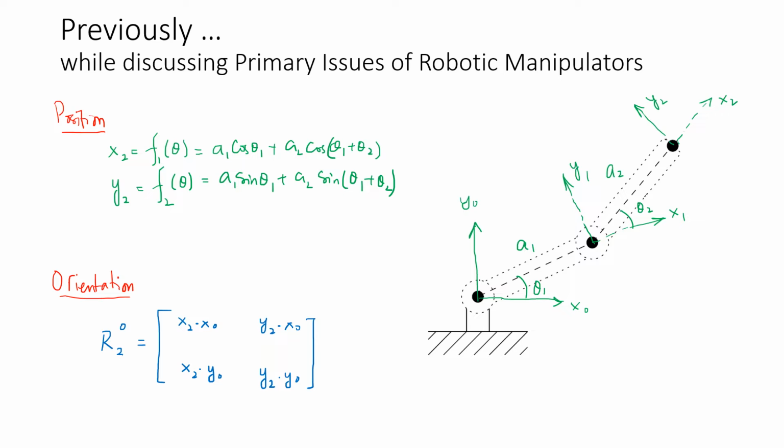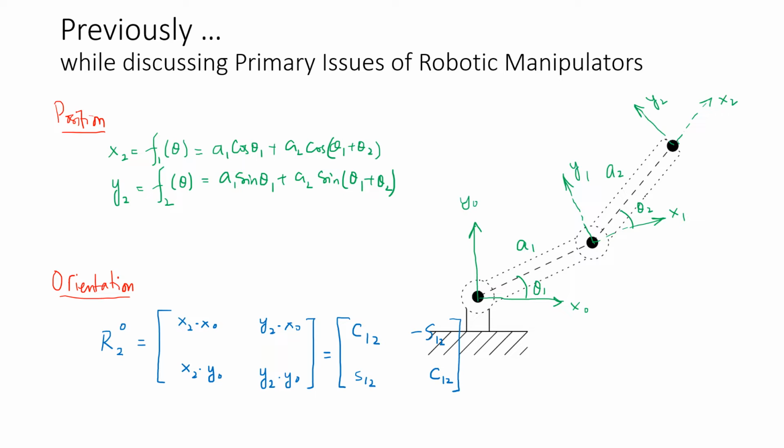And then we used the direction cosines to find the expressions corresponding to theta 1 and theta 2, and that turned out to be: you have cos of theta 1 plus theta 2, and minus sine of theta 1 plus theta 2. This was sine of theta 1 plus theta 2, and this was cos of theta 1 plus theta 2.